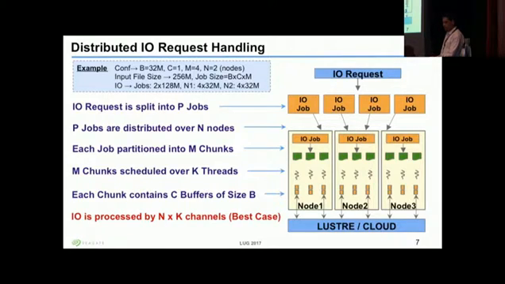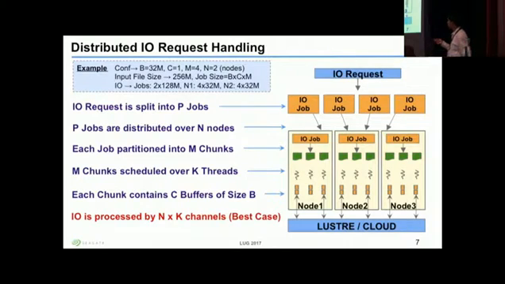And finally, a chunk consists of a set of buffers, wherein you can have multiple threads doing read and write in parallel. So effectively, if you can see, an I/O request in the best case can actually be done over n into k channels in parallel.